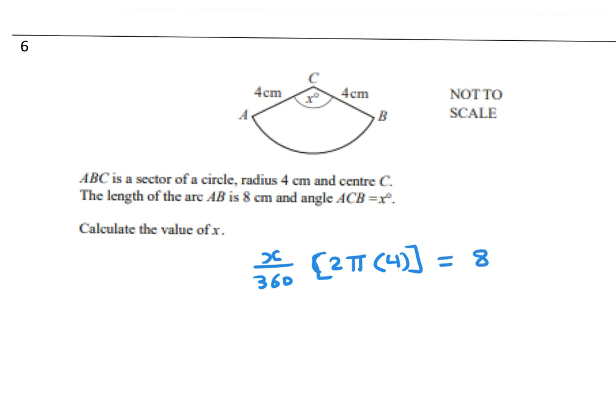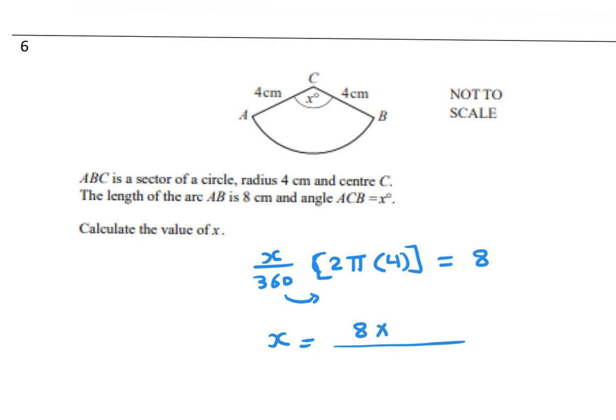Equals 8. Because how to find the length of the arc? Angle over 360 times the circumference. So we have one unknown, x. To find x, how do we do it? Sir, we put it on the other side. You can make x the subject by transposing 360: because x is divided by 360, 360 goes to the other side and multiplies.